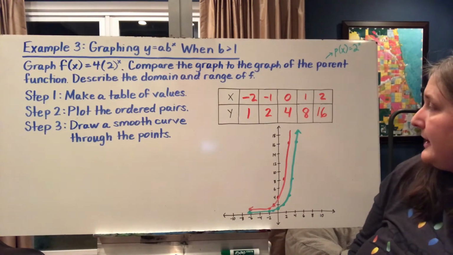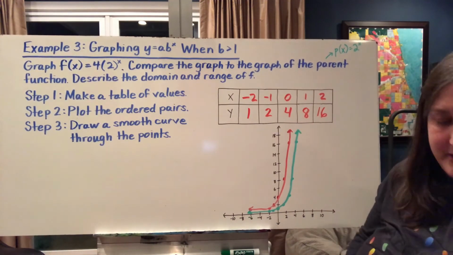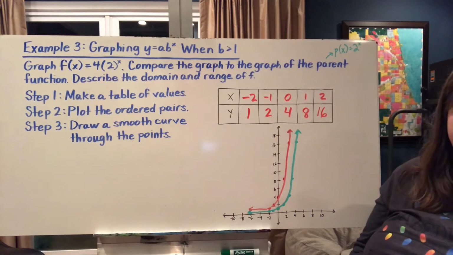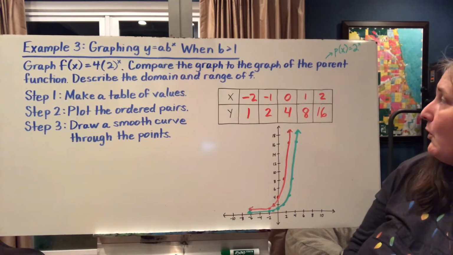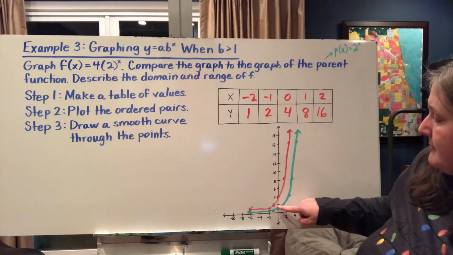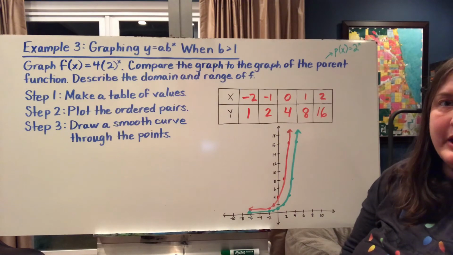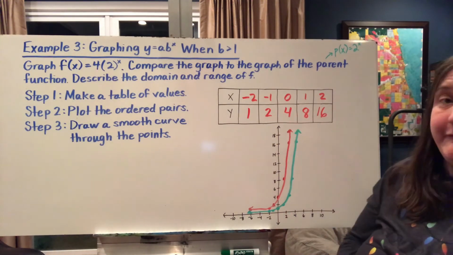If I look at the parent function and my f of x function, I'll notice that the graph of f is a vertical stretch by a factor of 4. If I compare here at 0, I'm going from 1 to 4 as my y-intercept. So I'm stretching it by a factor of 4.